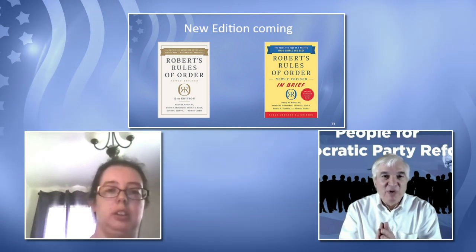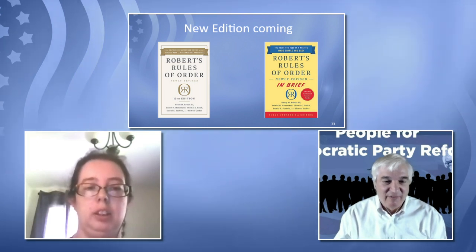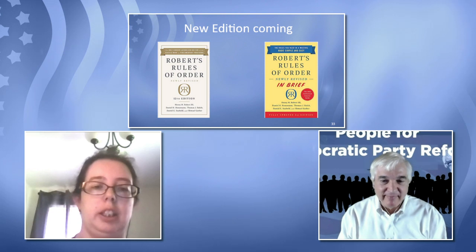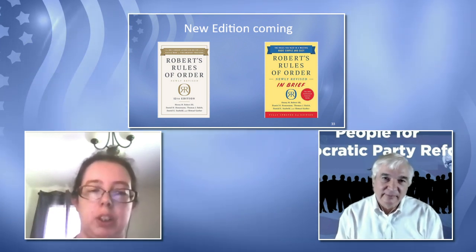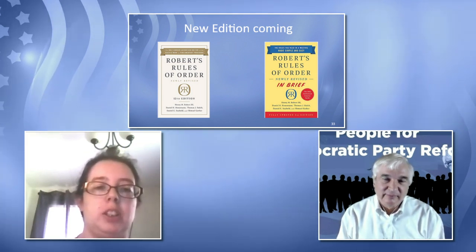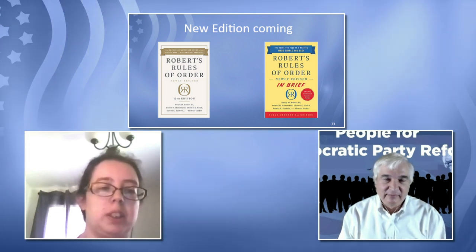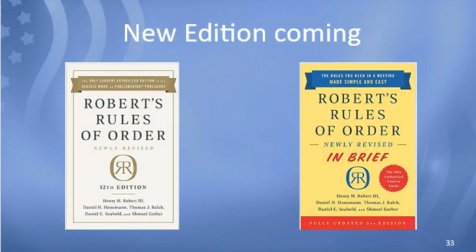And if they are not doing that, then they need to be brought to the attention of the authorities so that it can be addressed. One of the best ways that you as a member can prevent autocratic rule by the chair or parliamentarians pulling the strings behind the scenes is to have a general familiarity with Robert's Rules. We have a new edition coming out in the fall, the 12th edition. It's very exciting. It's pretty in white and gold.